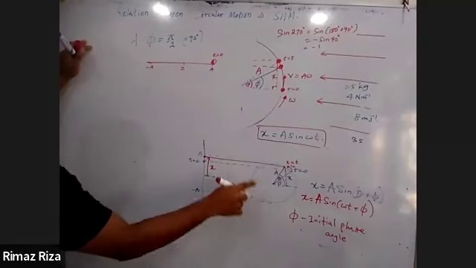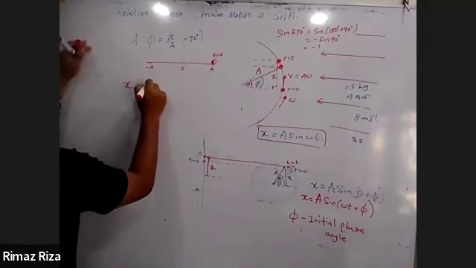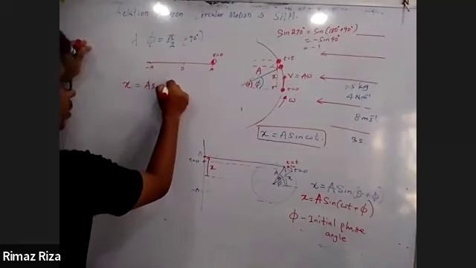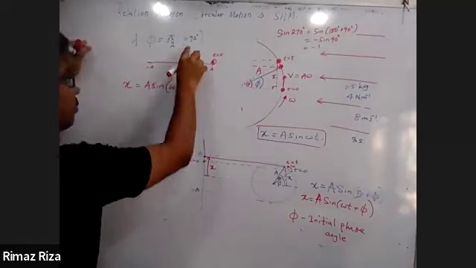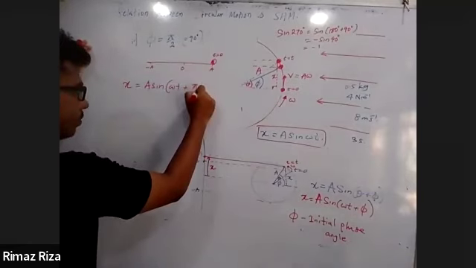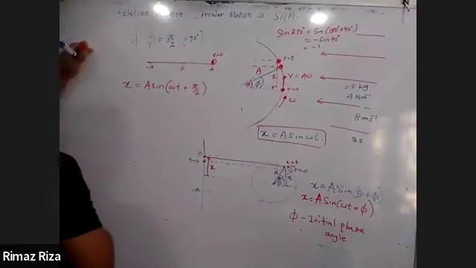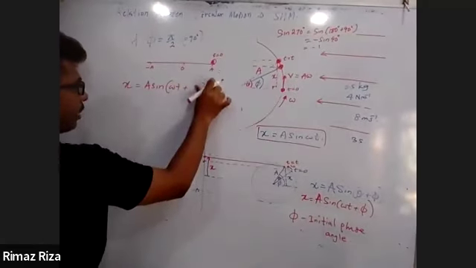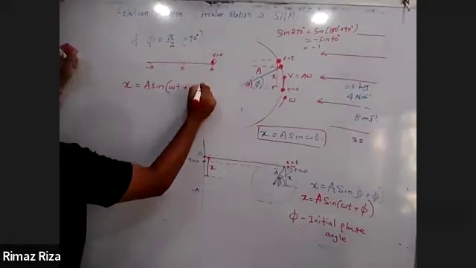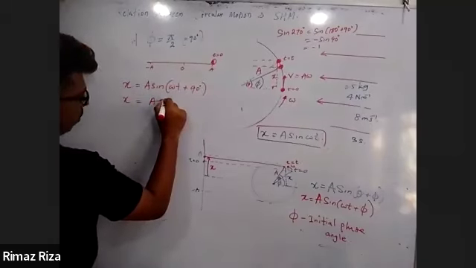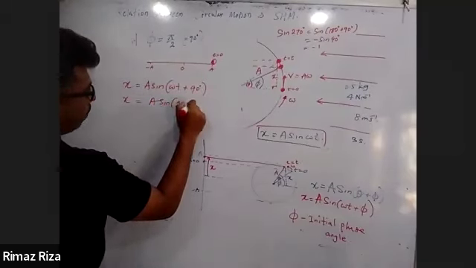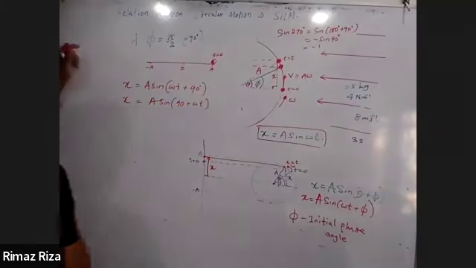So then we get the formula x equals a sine of omega t plus pi over 2, or you can write 90. So we have x equals a sine of 90 plus omega t.